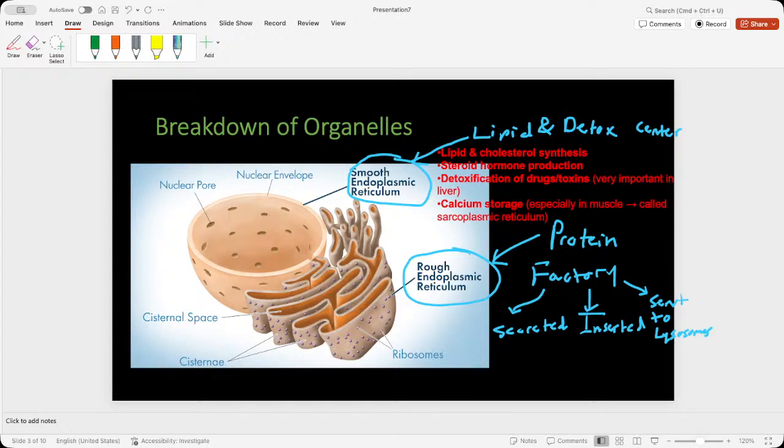Those proteins are used for the cell membrane itself, or secreted as hormones to other parts of the body. They're also probably sent to a lysosome. Maybe there are some proteins the ribosomes make for certain enzymes that the lysosome needs to break down the old stuff within the cell.